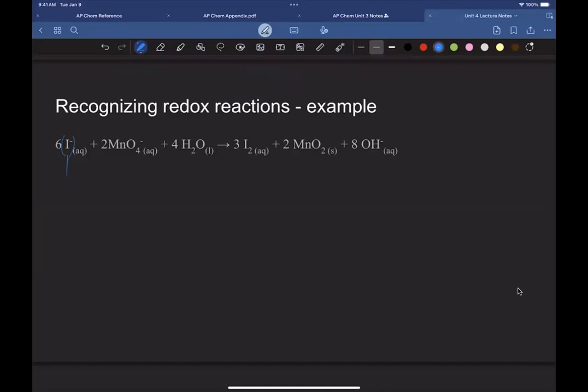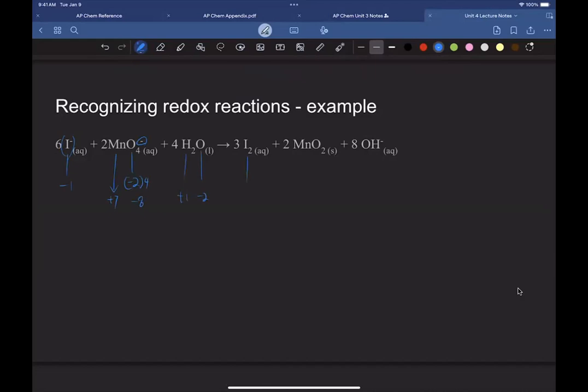So individually, I would have -1. O4: again, O is usually -2. Since there are 4 of them, that's -8. And since the ion has to equal -1, Mn must be +7. H2O: O is -2, and H should be +1.